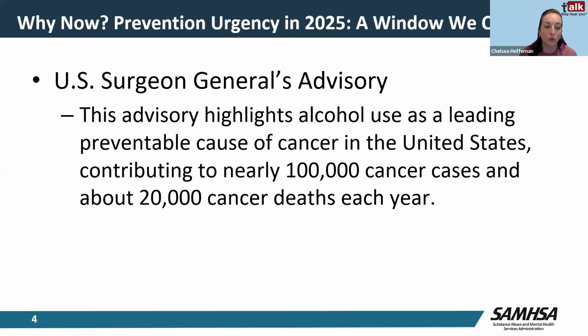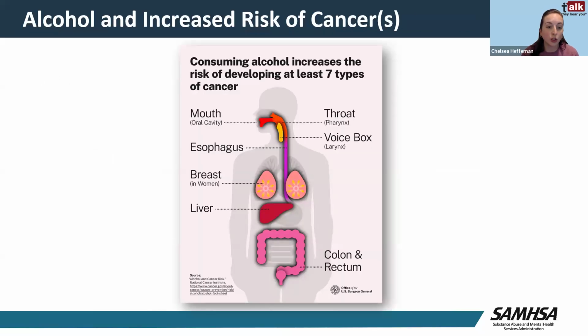These statistics remind us why that early strategic prevention is critical and why those effective tools are essential for supporting youth and their families. Now, here's an image that shows you the 7 types of cancer that consuming alcohol increases. So again, just another slide that reinforces the urgency of prevention.